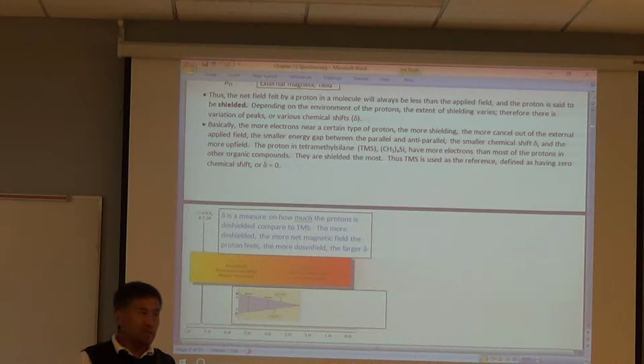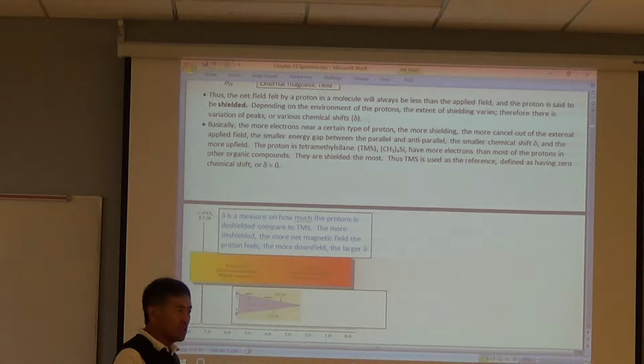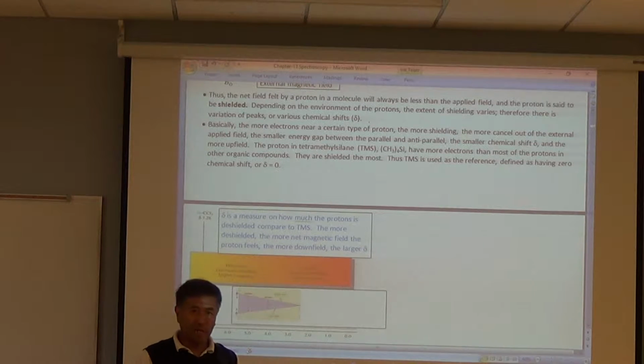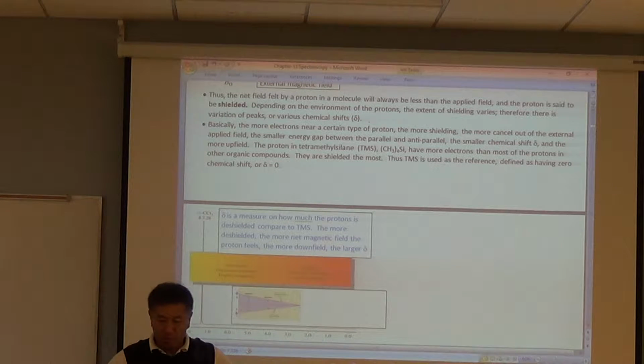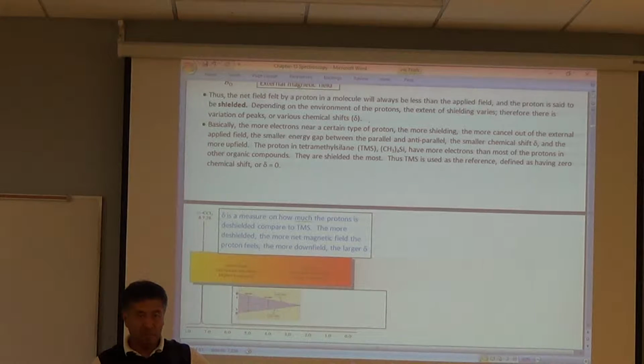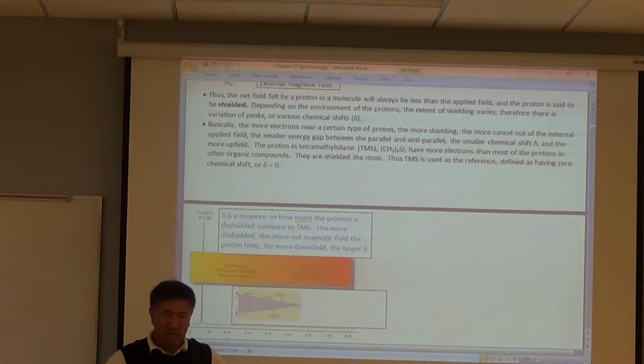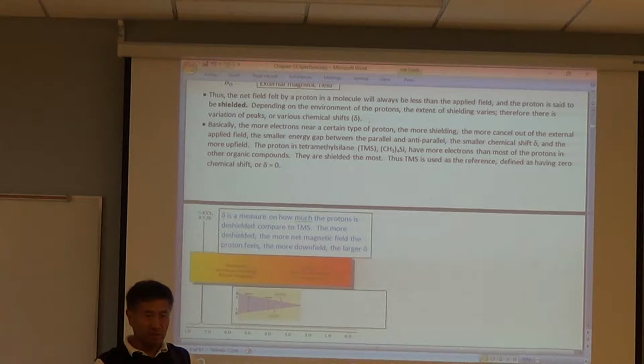Now, the protons are bonded to different atoms, and those atoms that carry the H1 have different electronegativities. If the atom that carries the H can donate more electrons to the chemical bond, there is more shielding.